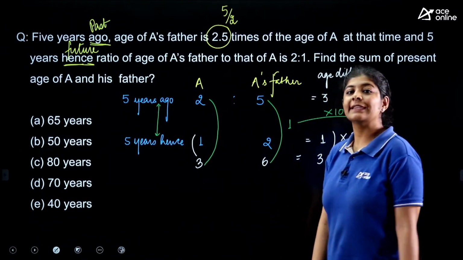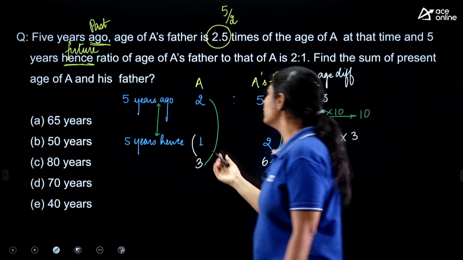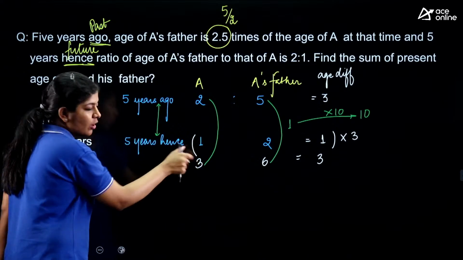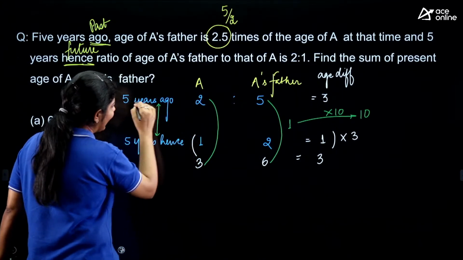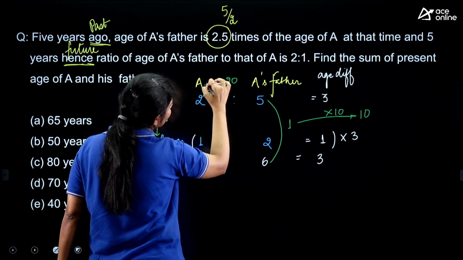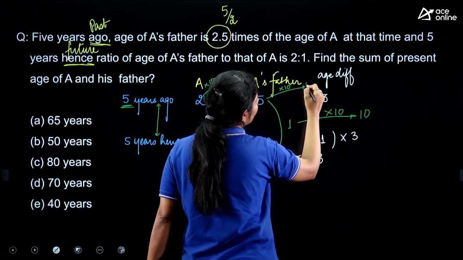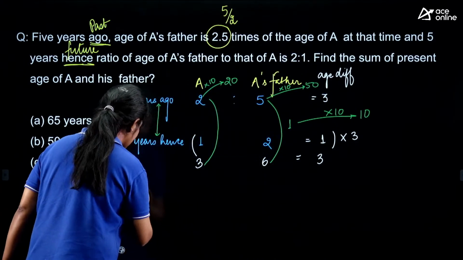But the question is saying that we need to find out the sum of the present ages. So what we will do? You can either go with this ratio or this ratio. So at this situation, their ages are 20, I simply multiplied by 10, and this one is 50.